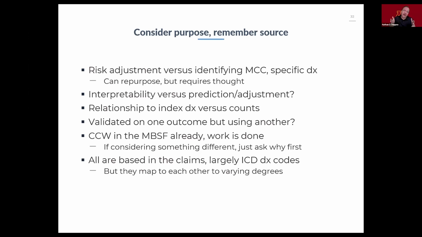So for instance, when we add weights, we're adding information in. We're helping to constrain some of those pathways to make it useful. But there's no magical outside new information, new data that we're pulling from. All of these are created based on the information that's in the claims files. And pretty much all of them are mostly drawing from the diagnosis codes that are available in the claims files. So in other words, these are all drawing from the same well.